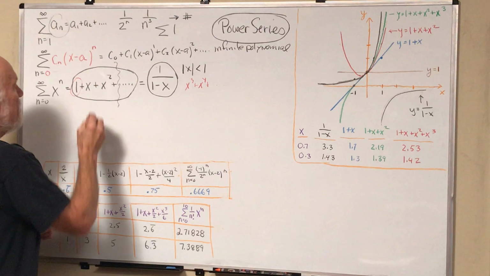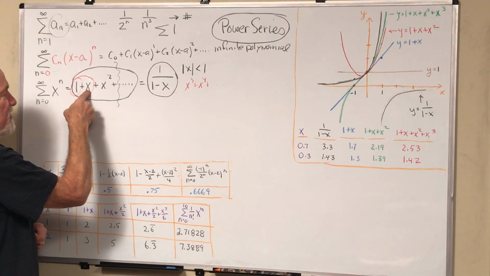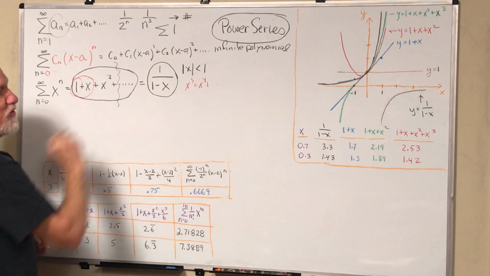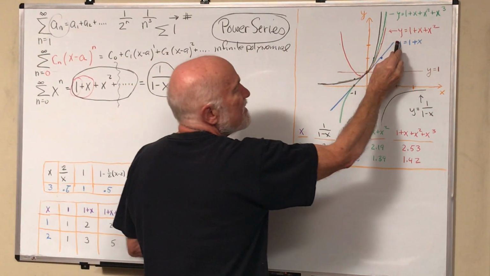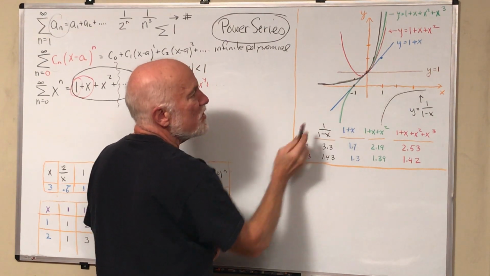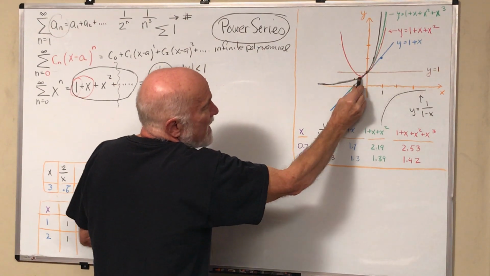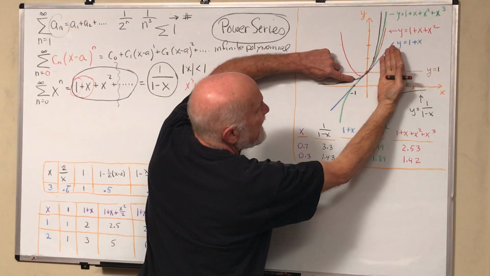Well, let's up it a little bit. What if you use y equals 1 plus x to approximate this function? Now we've got this straight line right here. And you can see that that does a pretty good job of approximating this curve between -1 and 1.